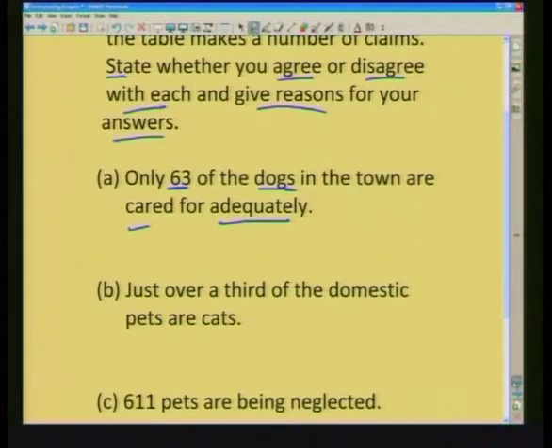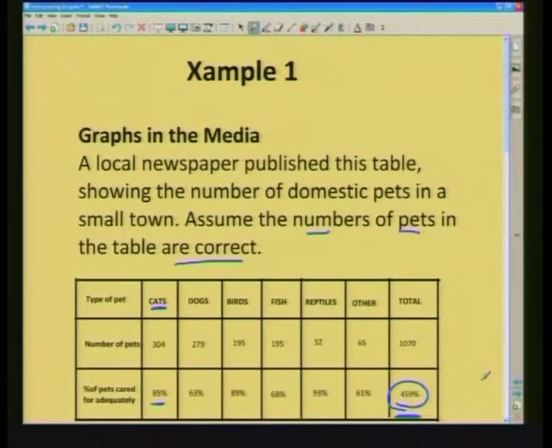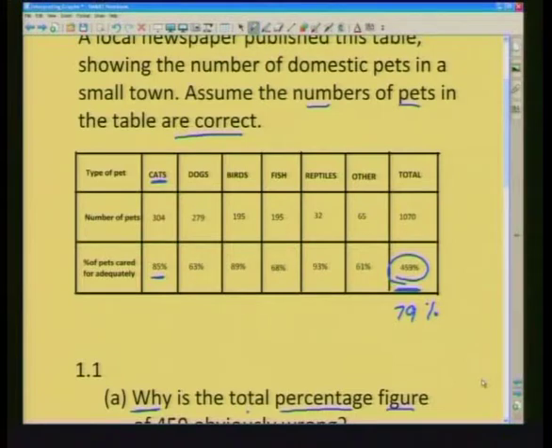So let's go back to our table. Only 63 of all the dogs. No, only 63% of all the dogs are cared for adequately. This is not the number of dogs. This is the percentage of dogs that are cared for adequately.